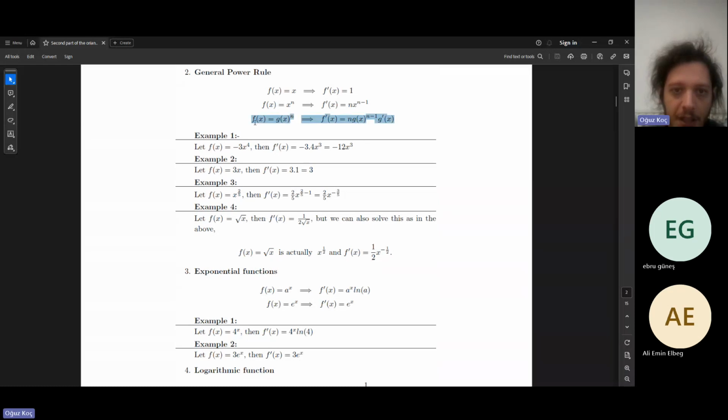Where was that? Yes, in this part, the second part, the general power rule. It's coming from the general power rule.